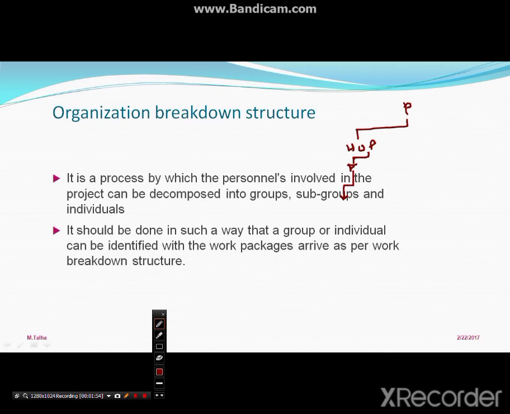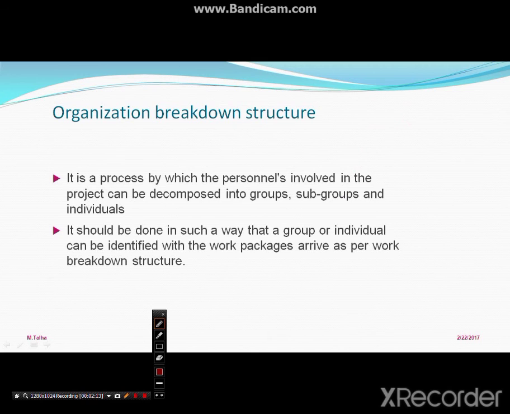So if I divide this whole college, this organization, into subparts, that is called organization breakdown structure, into groups, subgroups, and individuals.